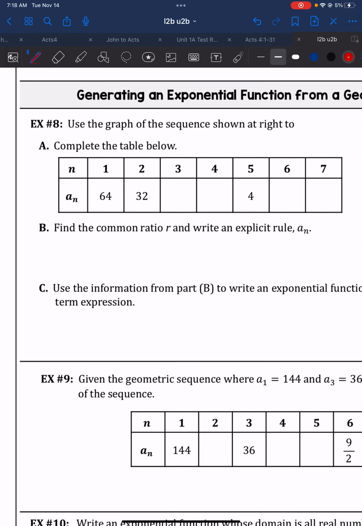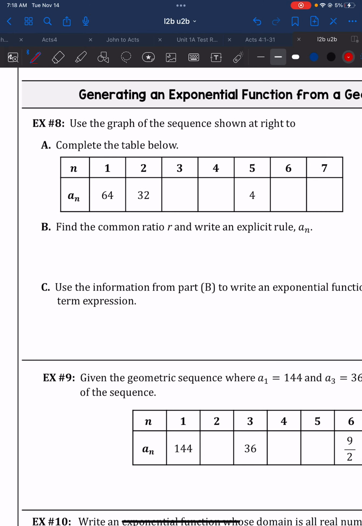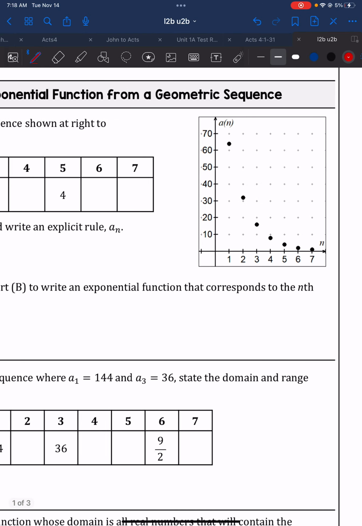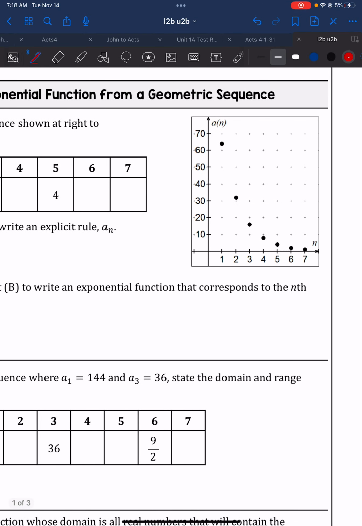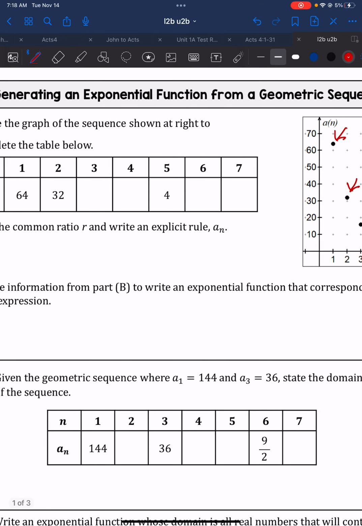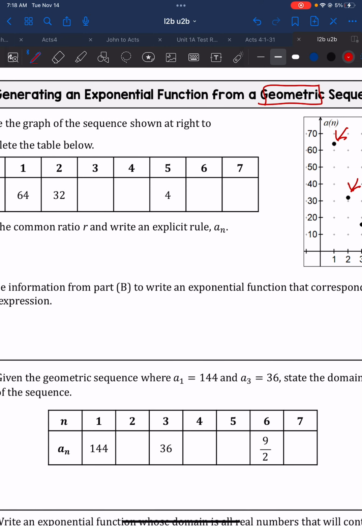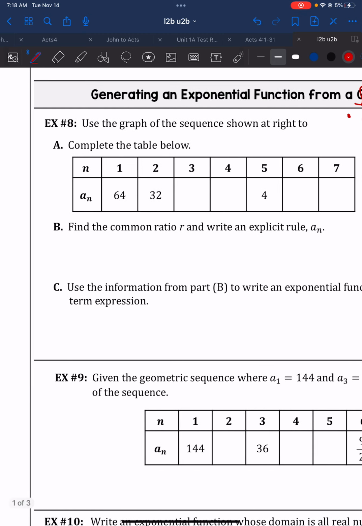So example 8, use the graph of the sequence shown at the right to complete the table below. So I'm just looking at roughly where these are graphed. So I started up here at 64, then went down to 32. And because we know it's geometric, remember, we know we're going to either multiply or divide. So if I'm going down, I know I have to be dividing or multiplying by a fraction.